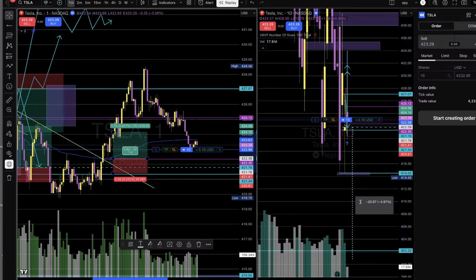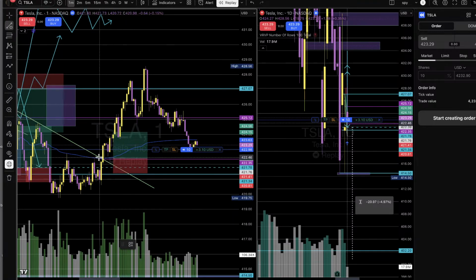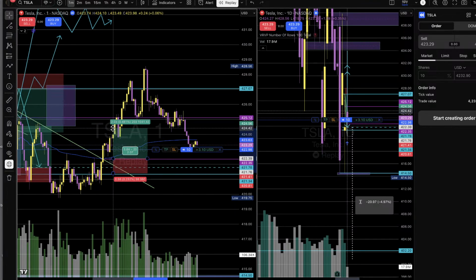How far is this? From the break to the wicks, that's a 20 cent, 21 cent leeway. So I stop out as soon as it breaks this one, and then just let it do its thing, reclaim the top, get in, and then that becomes a structural stop range.